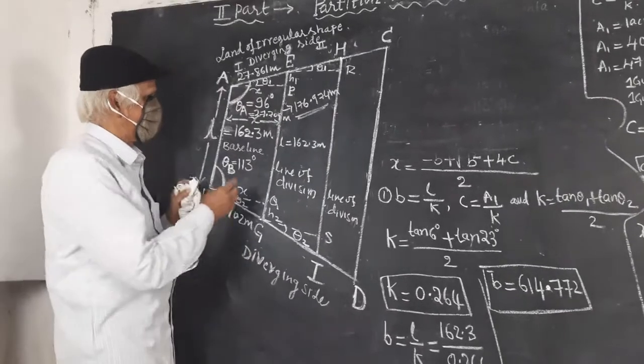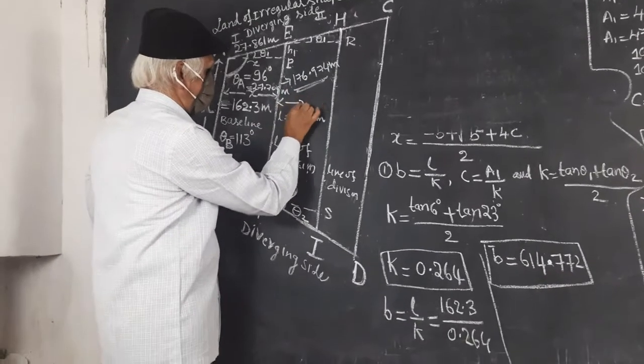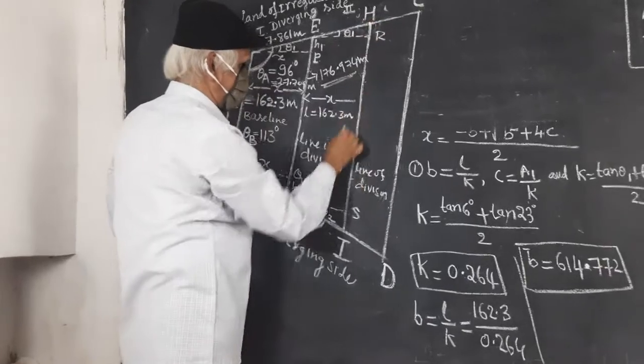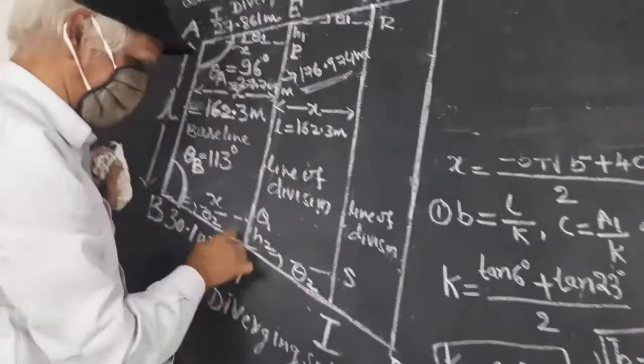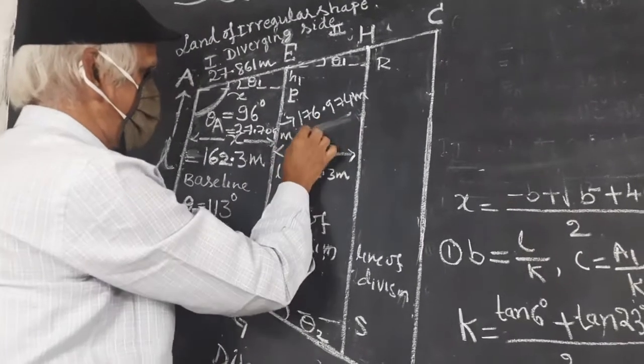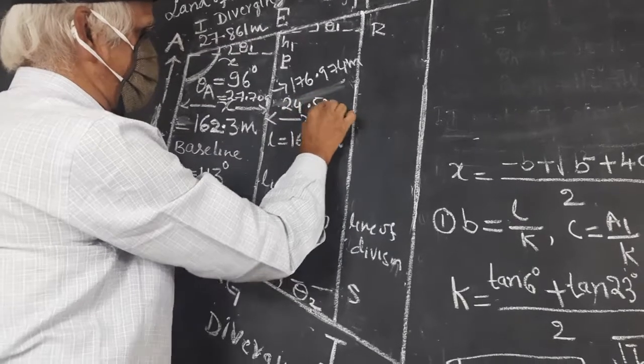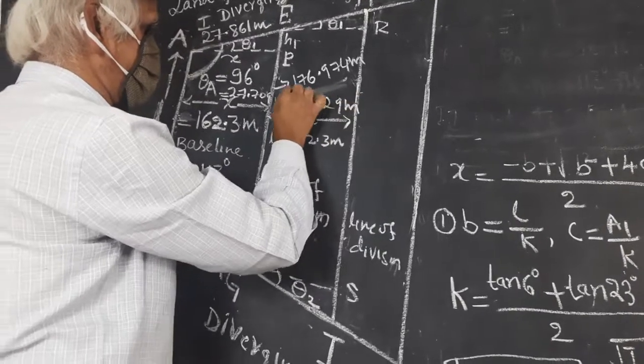Like this. Here, the distance of the line of division from the baseline EG will be found to be equal to 24.529 meter.